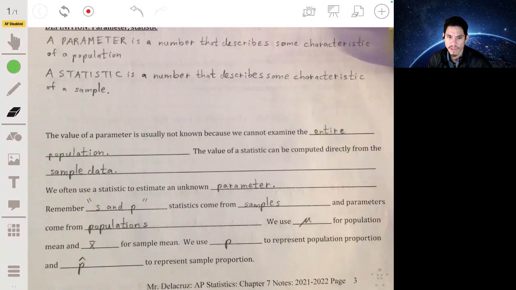The sample proportion would be p hat, whereas the population proportion, or population parameter, would be just p. A sample mean would be x bar, whereas the population mean would be mu. So we use different symbols to represent population parameters versus sample statistics.